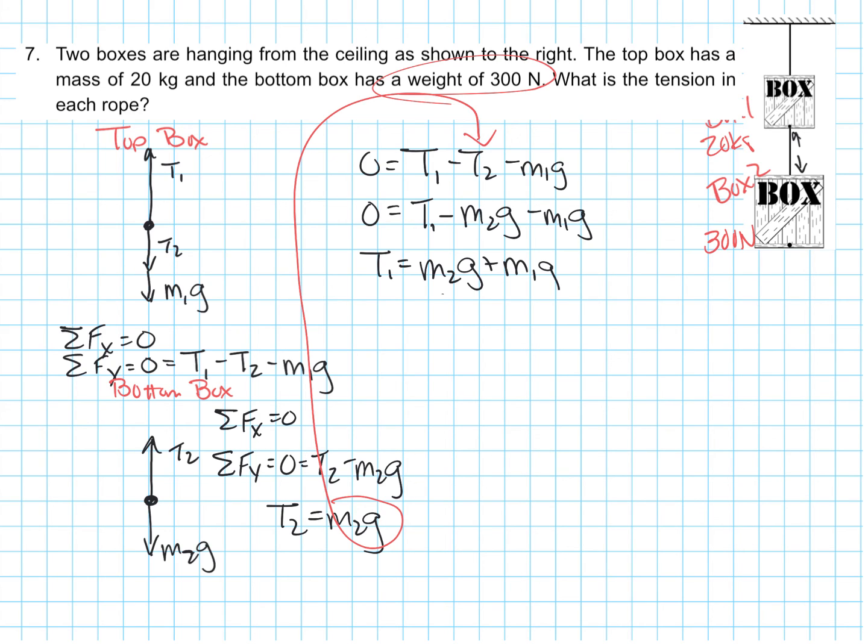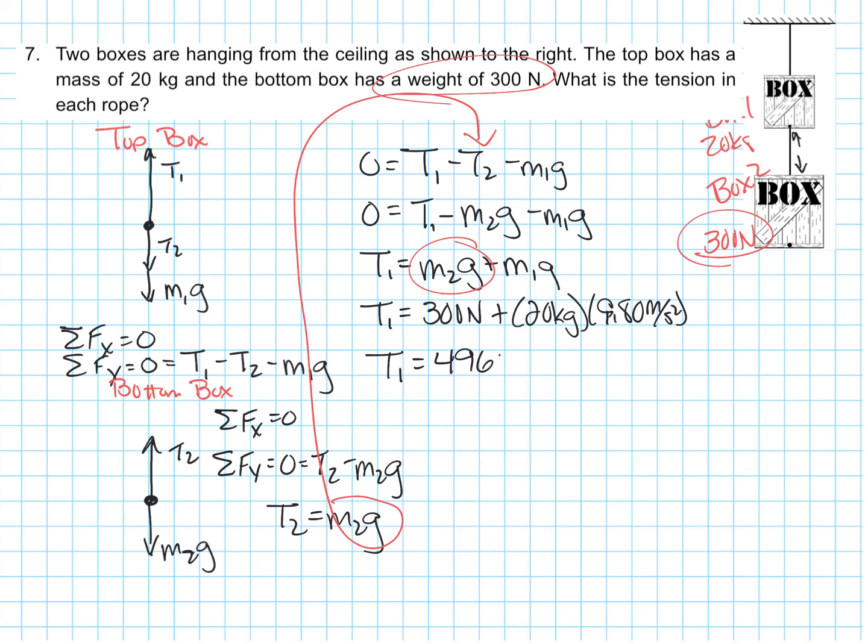So from here, T1 is equal to the bottom box, which is 300 newtons. That is mass times gravity already, so this is equal to 300 newtons. And the top box is 20 kilograms times 9.80 meters per second squared. When I do that, I get that T1 is going to be 496 newtons.